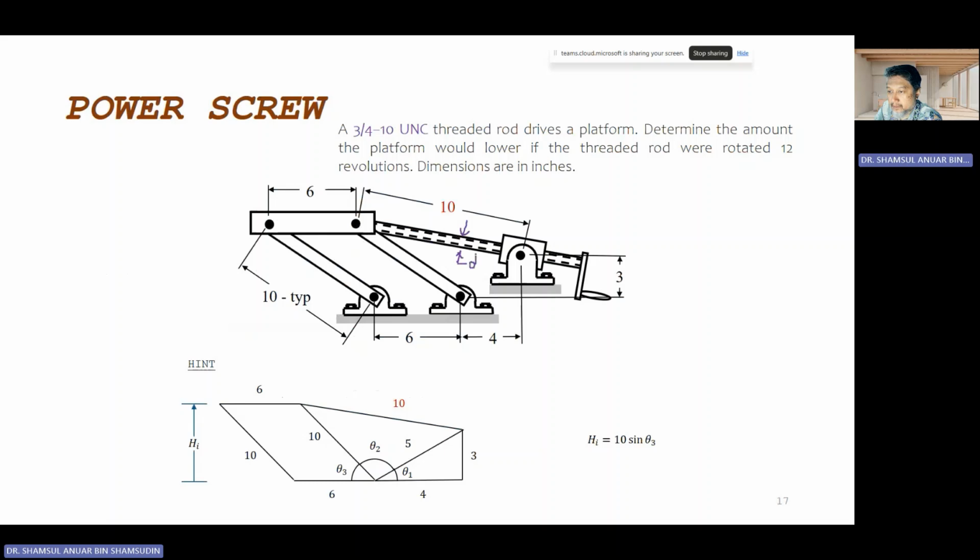That's the major diameter, but that information is on this thing. Then pitch, threads per inch.